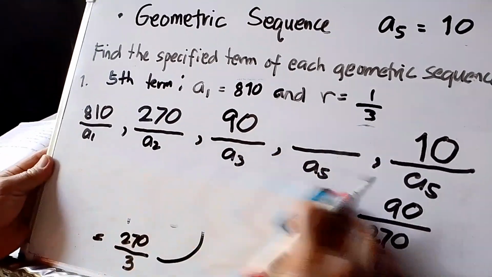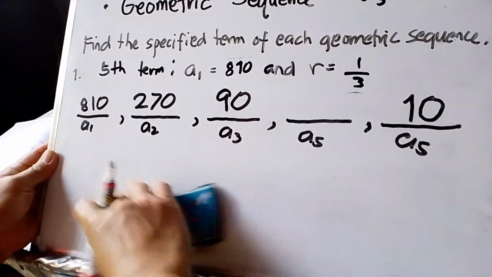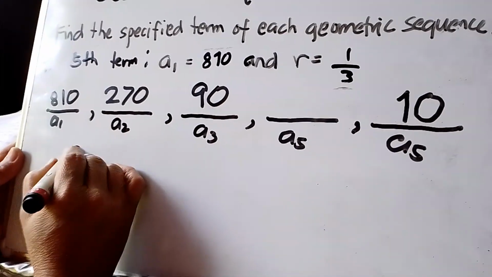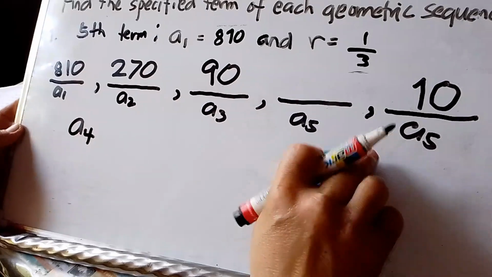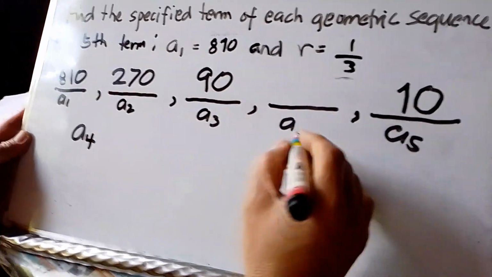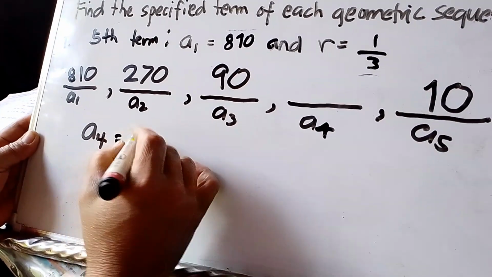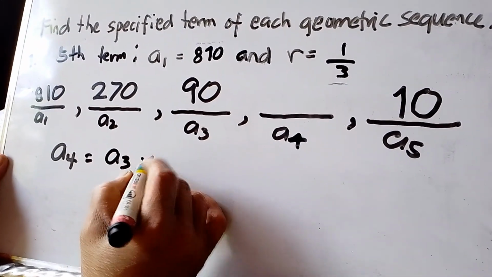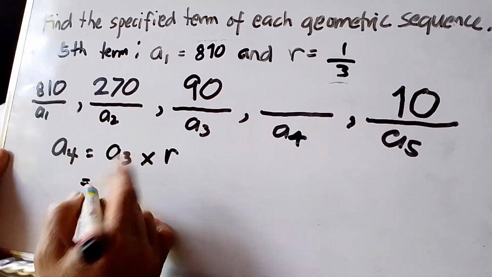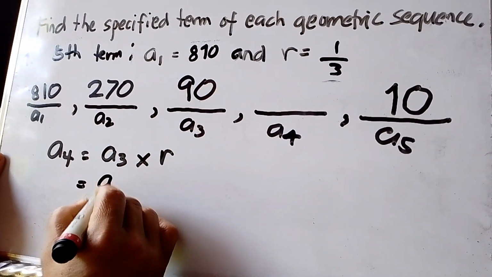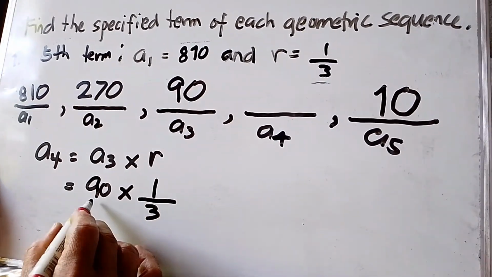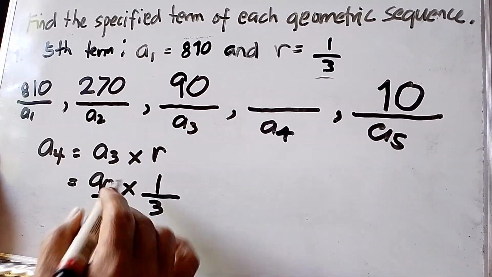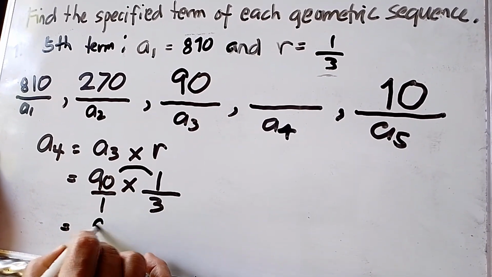Next. What is my a sub 5? A sub 4. Sorry, this is wrong. It should be a sub 4. A sub 4 is a sub 3 times r. So my a sub 3 is 90 times my common ratio is 1/3. This will be over 1, and then multiply 90 by 1, that is 90.